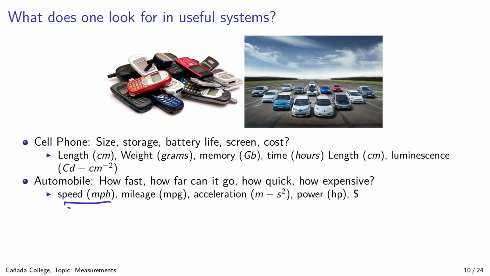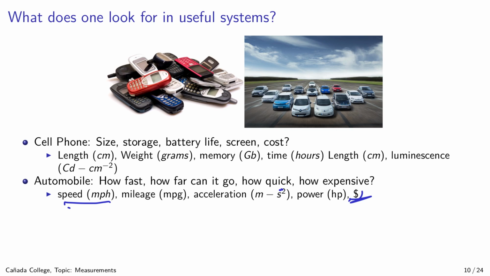How quick it can start is related to its accelerating power or its acceleration in meters per second square. And how expensive it is related to dollars. By the way, acceleration is in meter per second square, so this should be meter second raised to power minus 2 rather. So please make that correction.